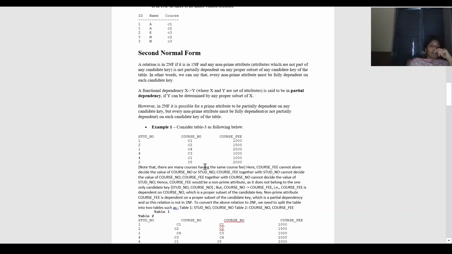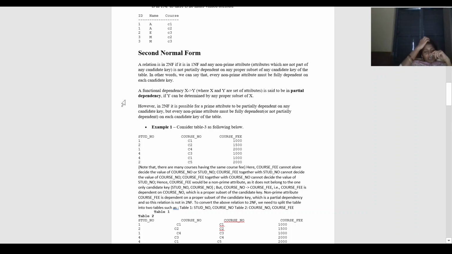As it is, it will be printed. Student number 2 and course number C2, fees 1500, and here course C2, like that. However many rows are there, those records will be printed.